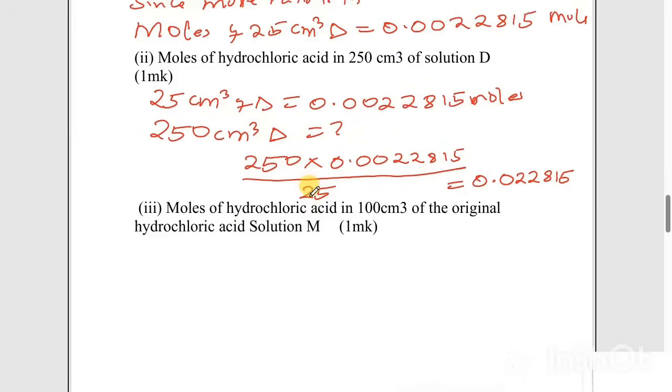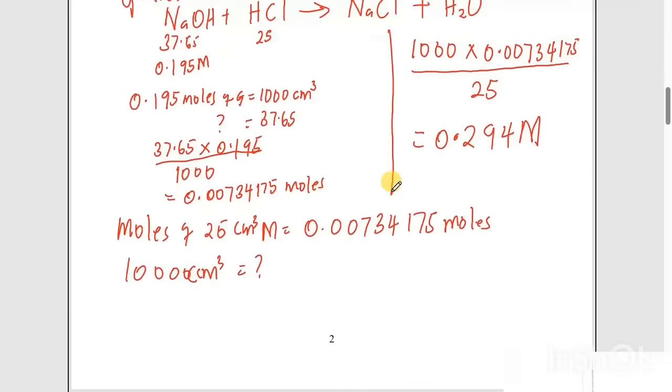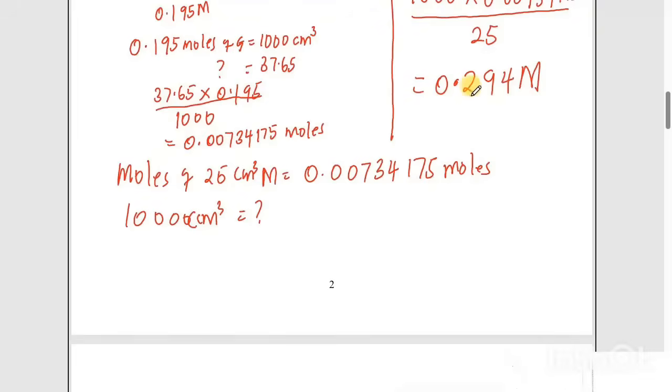So original, remember, you need to refer back. We did the molarity of solution M, original. So we had the molarity. Molarity is 0.294. And remember, molarity is the number of moles in 1000.